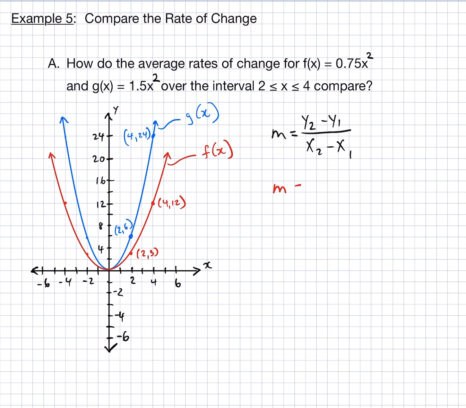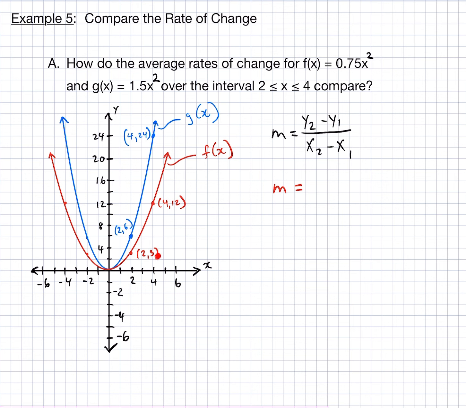So I'm going to do this in red. Now we're going to identify y2 minus y1. In this case, it doesn't matter which one you identify as y2 or y1, as long as you maintain the same direction. Meaning, if I choose this as my y2, then I need to make sure that this is my x2.